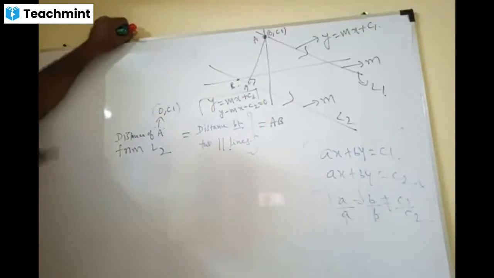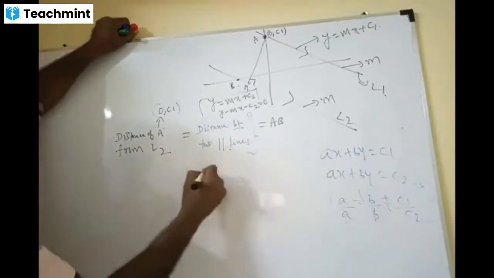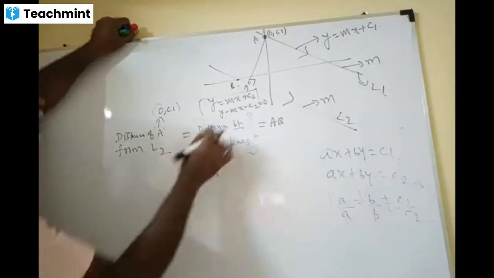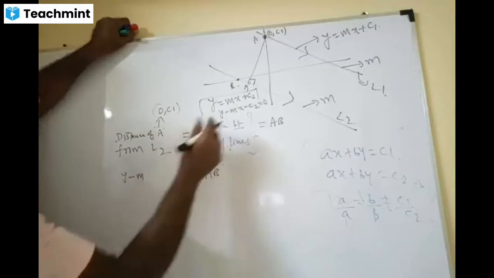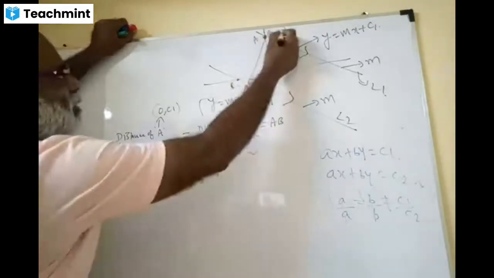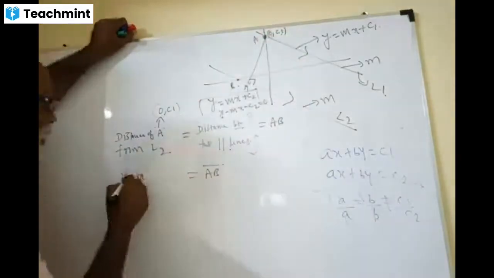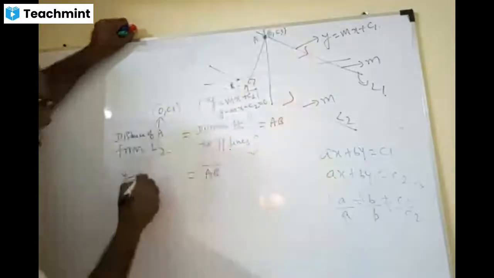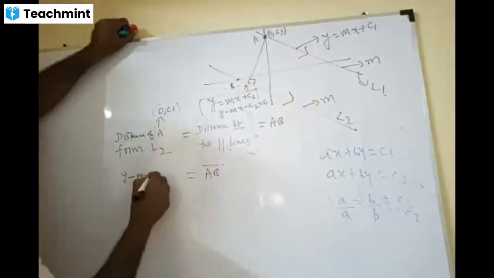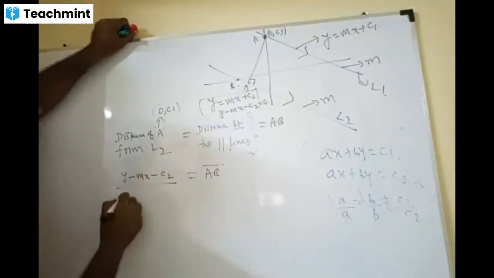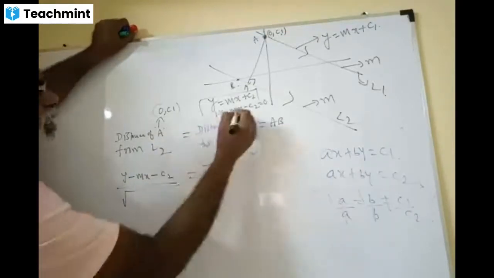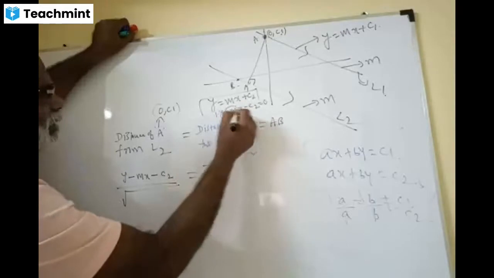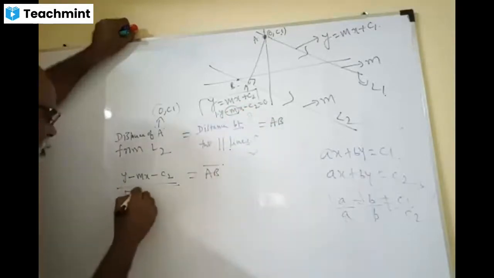ax plus by plus c equal to 0. Now please write it: AB equals what? We replace x by x1 and y by y1: y1 minus m x1 minus c2, divided by the root of the square of the coefficient of y, which is 1, plus the square of the coefficient of x, which is minus m.